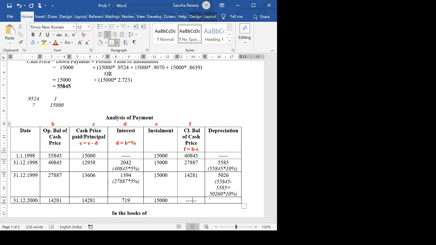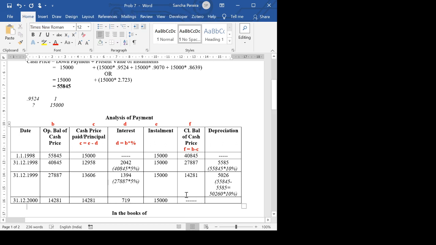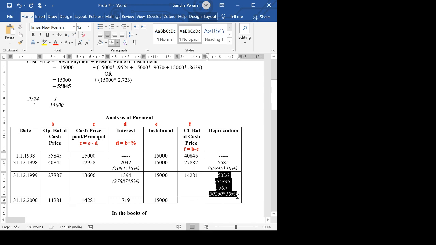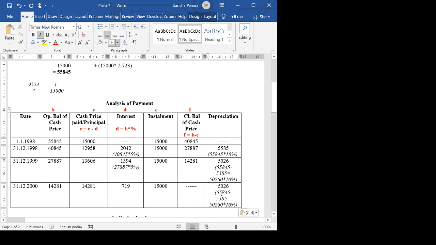Okay, how am I going to get the depreciation now? Right now the balance of the machinery is 50,260. So 50,260 minus the previous year's depreciation.